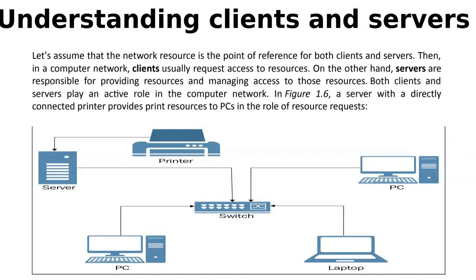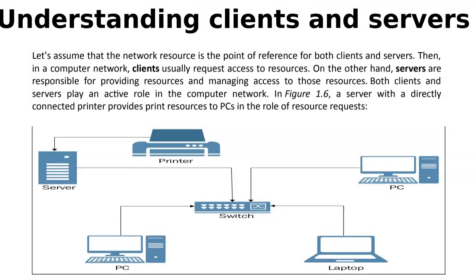One type of network is called a client-server network. This is the most common network used for organizations and businesses. Here you have one computer acting as a server, and the other computers are acting as clients.